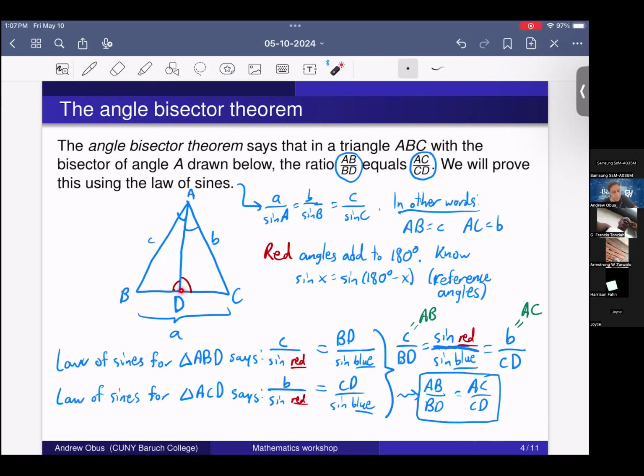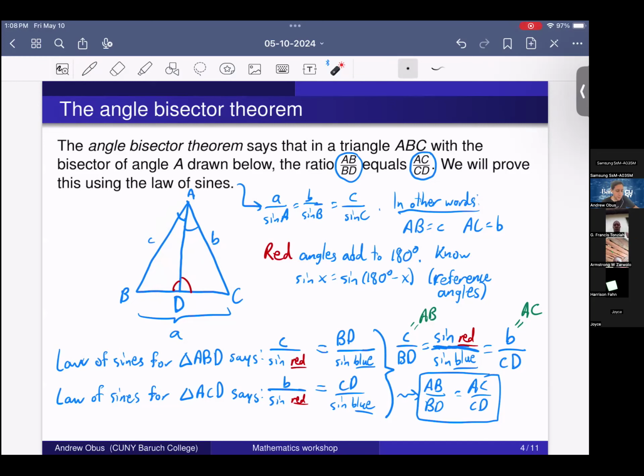Okay, if you have a line that bisects an angle, then the ratio of these sides to each other on the side C and side B is the same as the ratio of these sides to each other, the sides that the angle bisector cuts out along the opposite side. So these are in the same ratio as these. Good.